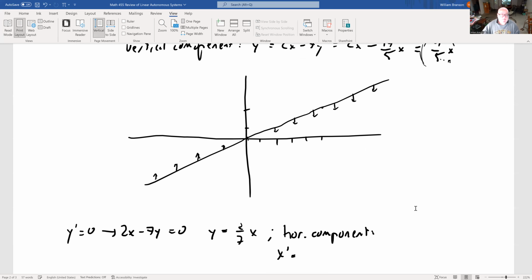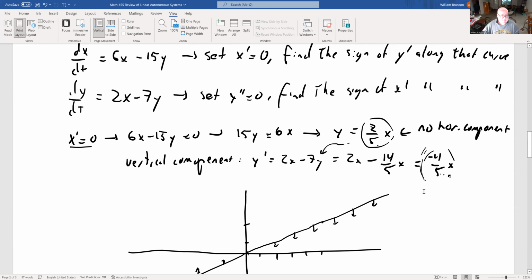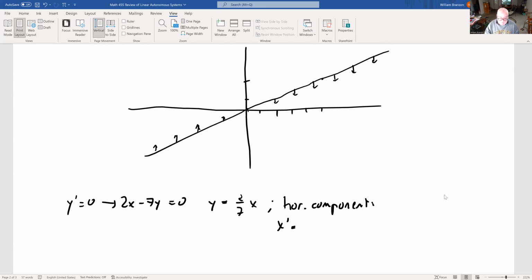Well, x prime equals 6x minus 15y. So that's 2/7 x, because that's what y is. And so I get 6 is 42/7, minus 30/7, 12/7 x. All right, so this is 30, and 6 is 42/7.